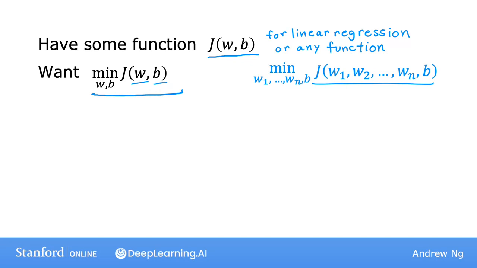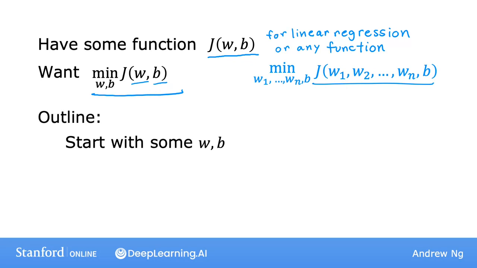What you're going to do is just start off with some initial guesses for w and b. In linear regression, it won't matter too much what the initial values are, so a common choice is to set them both to 0. For example, you can set w to 0 and b to 0 as the initial guess.